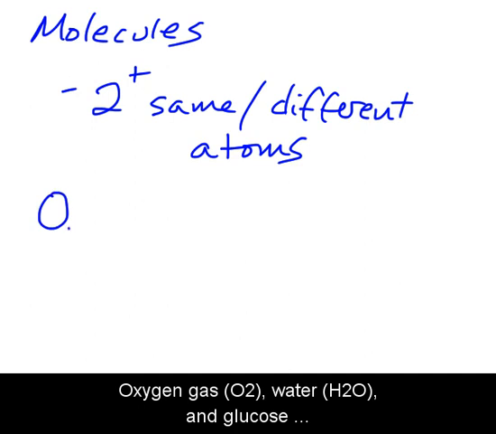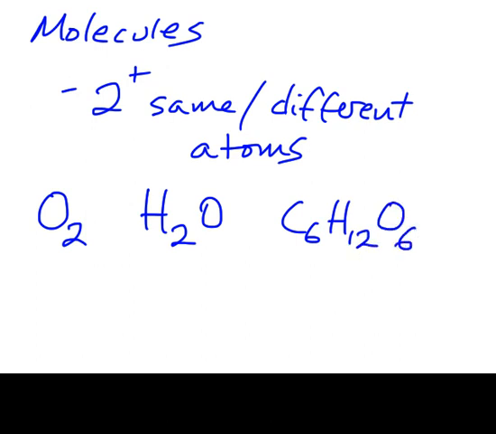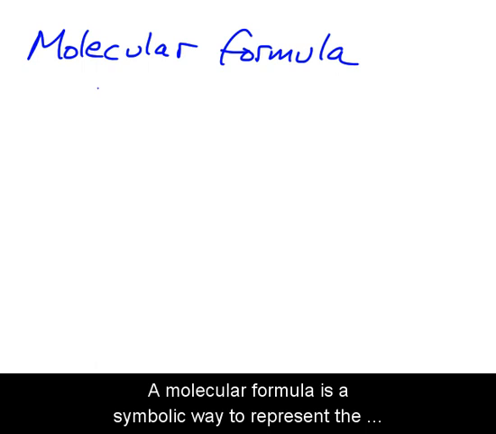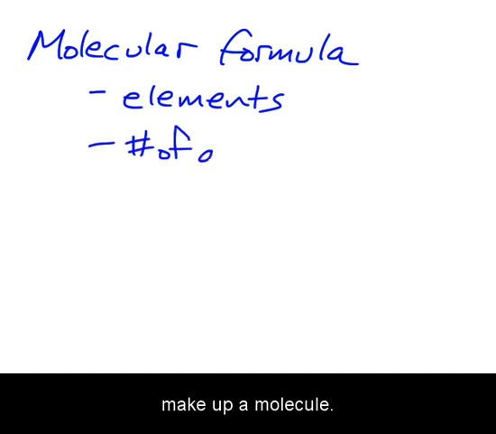Oxygen gas, O2, water, H2O, and glucose, C6H12O6, are all examples of molecules. A molecular formula is a symbolic way to represent the elements and number of atoms of each element that make up a molecule.